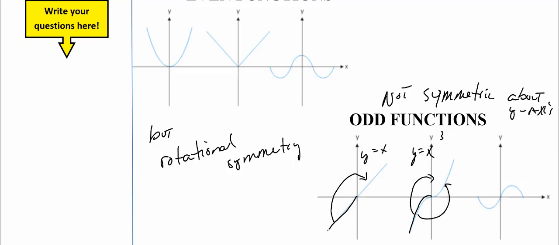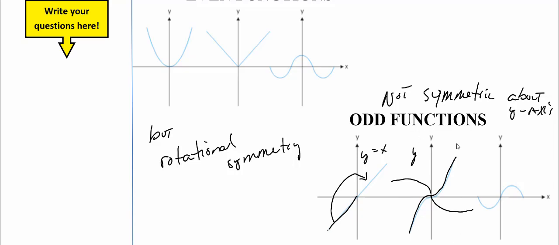Let me do something a little different here. This is y equals x squared. If I rotated it 90 degrees, I would get something like this. If I rotated it 180 degrees, I would get the other piece. If I rotated it 207 degrees, I would get that. That's kind of cool, maybe like a ninja throwing star.